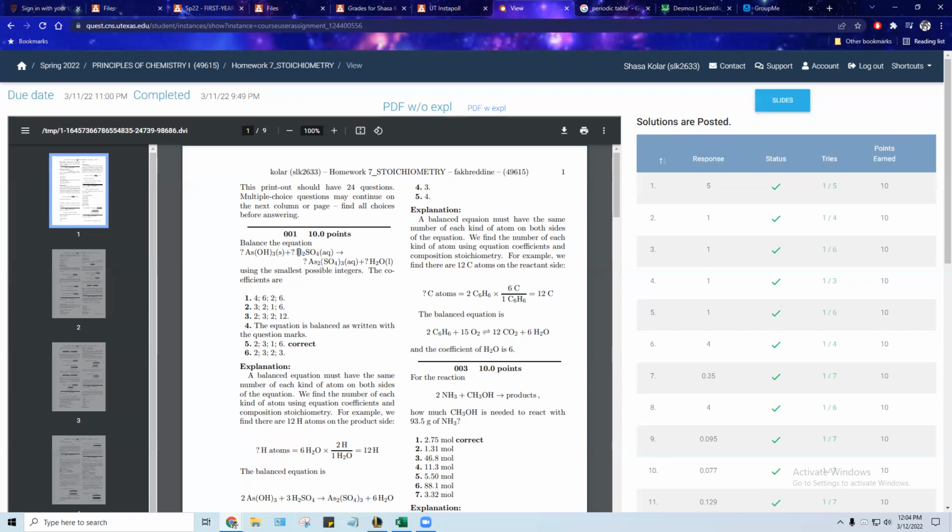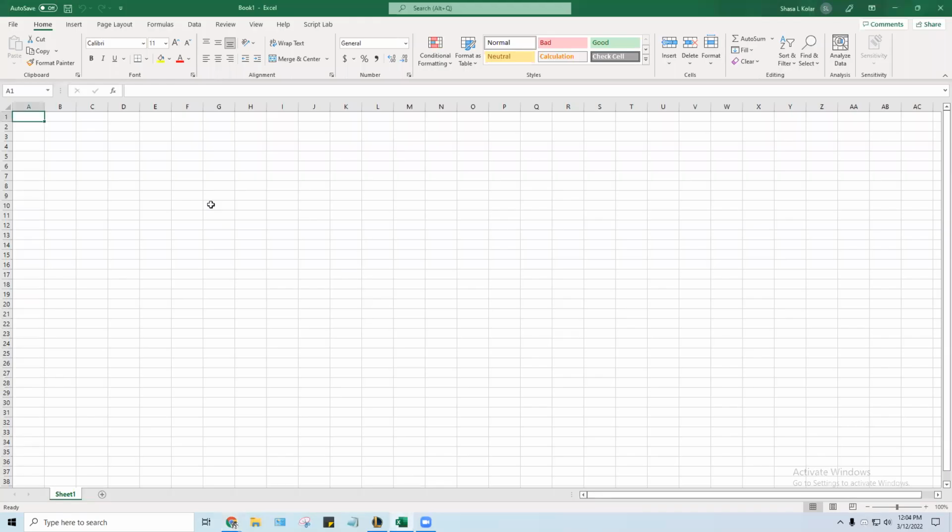So we have 6 hydrogens plus 3 hydrogens equals 9. And then we have 3 oxygens. So that doesn't seem to quite fit. Oh, yeah. So this is okay. I forgot. Sorry. I need to actually write these down.